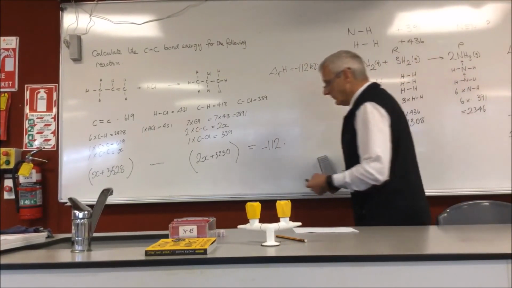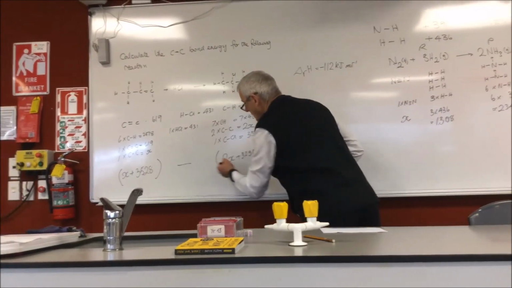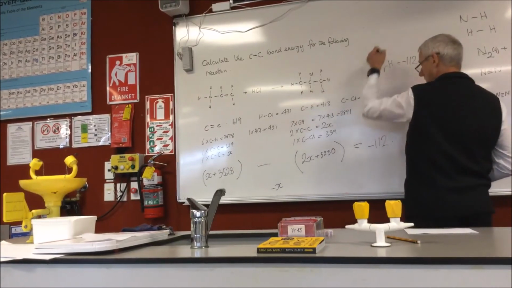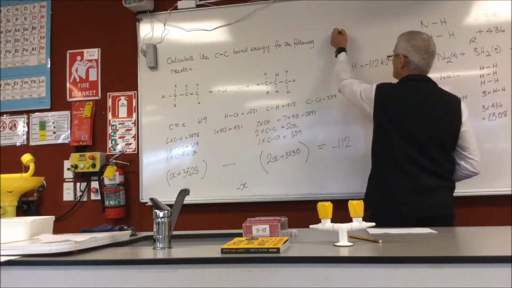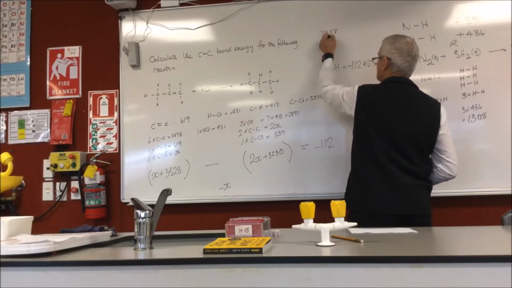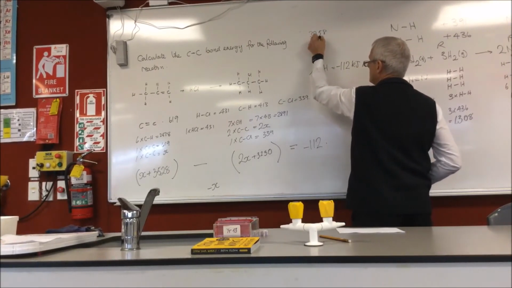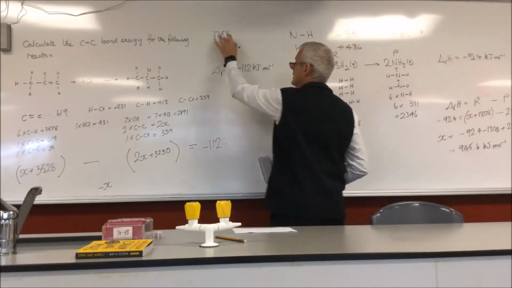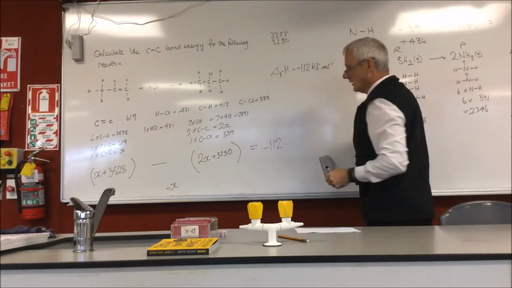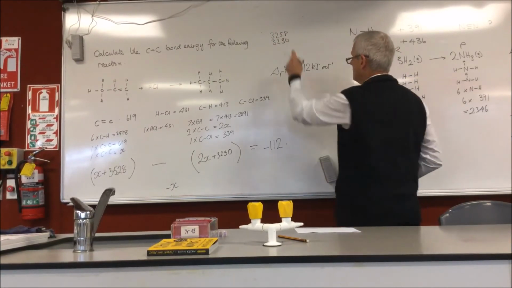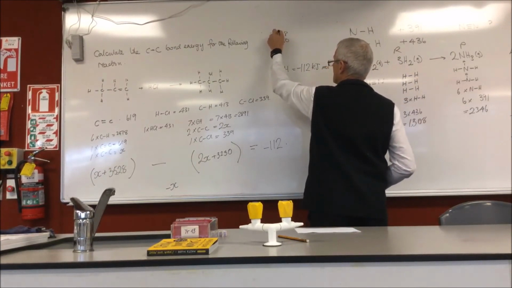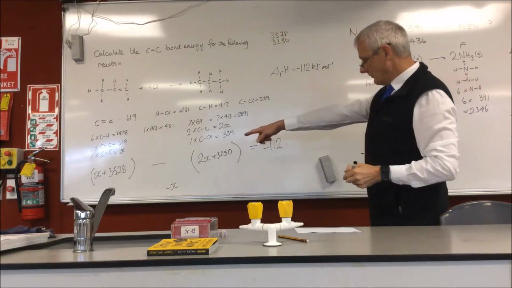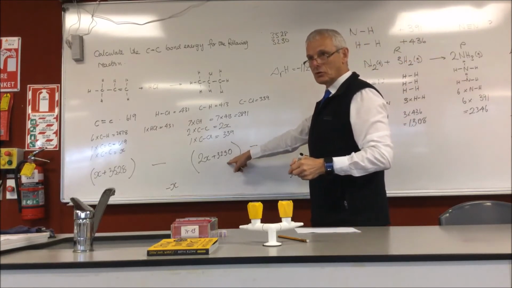Okay? So, if we've now got what we've got, x minus 2x is minus x, then we've got 3528, and you're subtracting 3230 away from it.